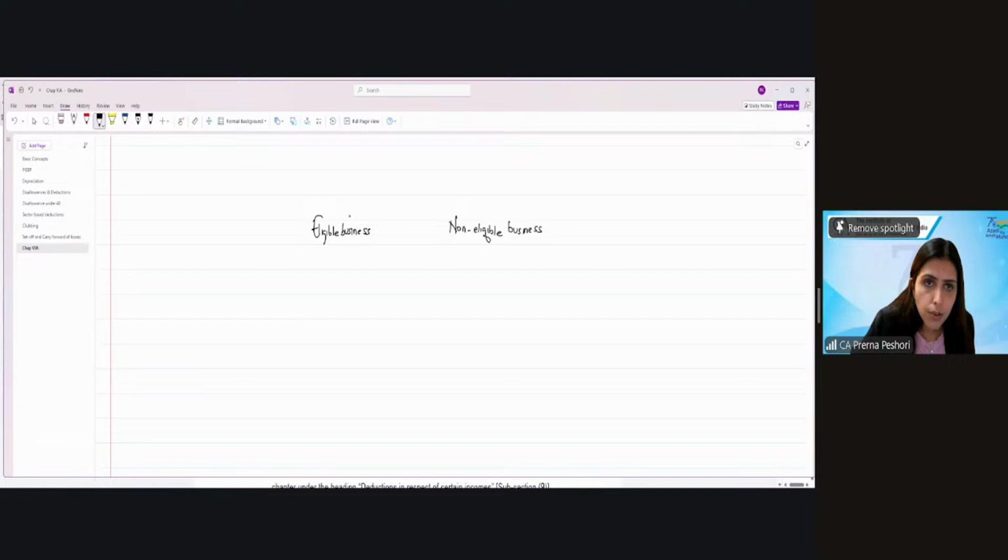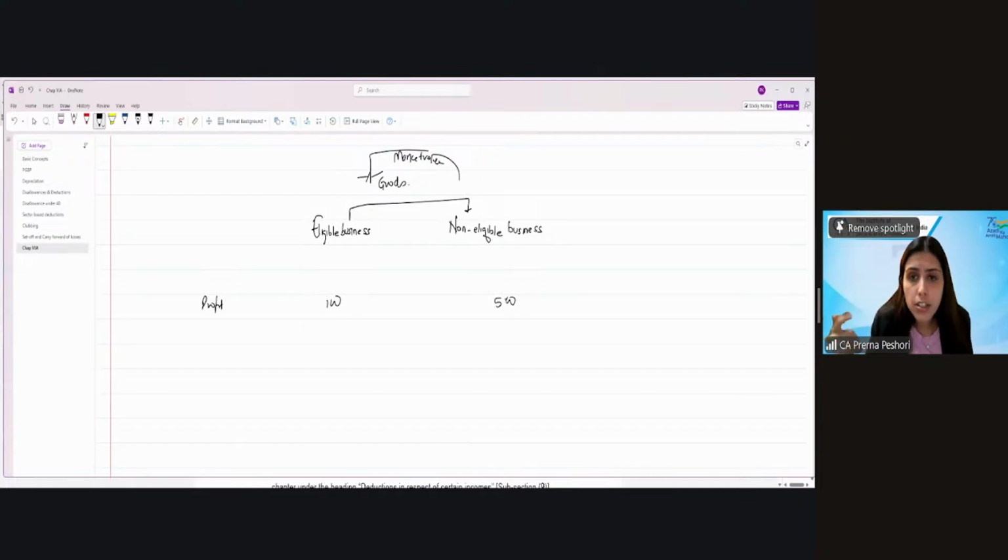So if you transfer the goods from the eligible business to a non-eligible business, or from the non-eligible business to the eligible business, this has to be at the market value. Because otherwise what happened? Let's say, for example, if my profit from the eligible business is, let's say, 100, and let's say the profit of non-eligible business is 500. Now, non-eligible business doesn't get any deduction under ICAI. So obviously this will be, let's say, taxed at 30%. Right? Here I'm letting all the deduction under ICAI. So here obviously there is no tax.